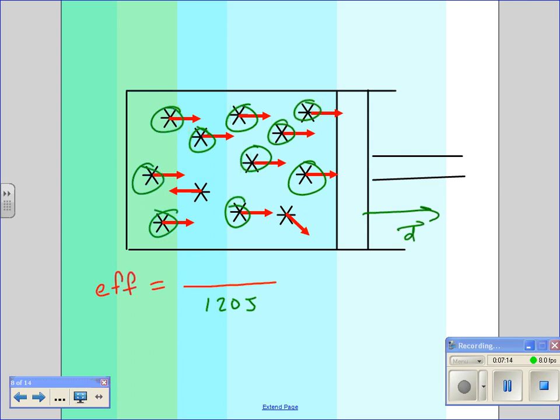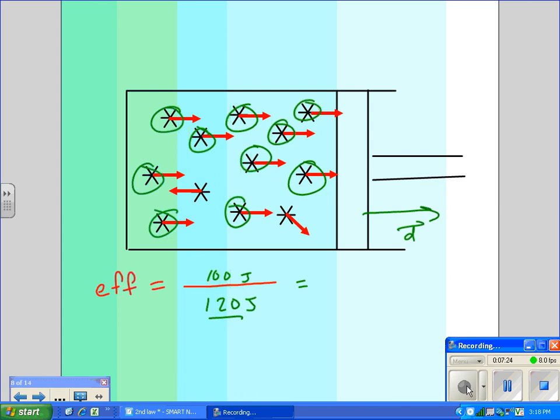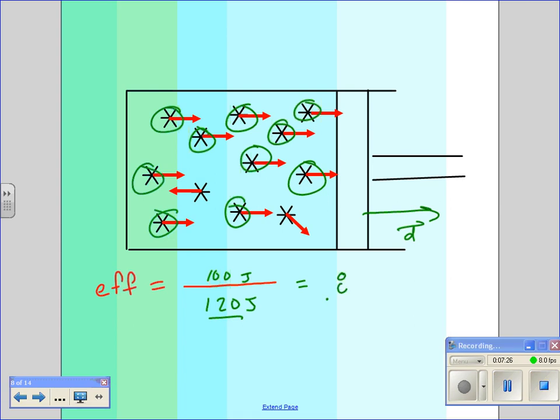So that's 100 joules of work that we're getting out, and we're only putting in 120 joules of energy. That gives us an efficiency of 0.83 or 83%. 83% of the energy that we put into the system does useful work for us. So the opposite is true for a low entropy system. Low entropy is associated with high efficiency.